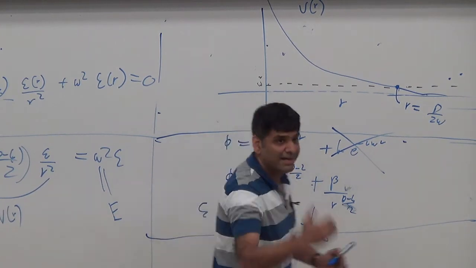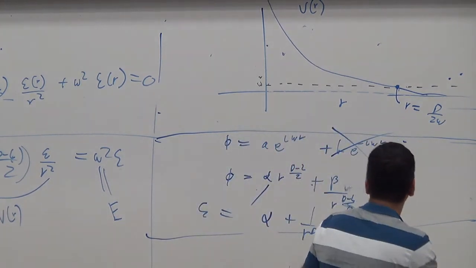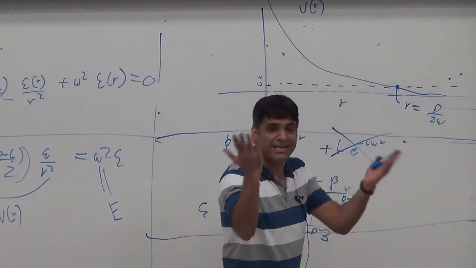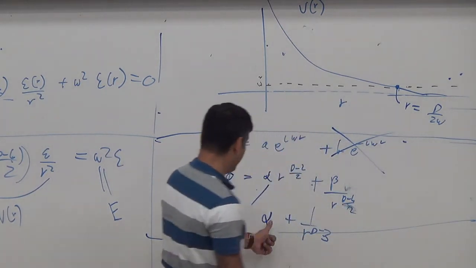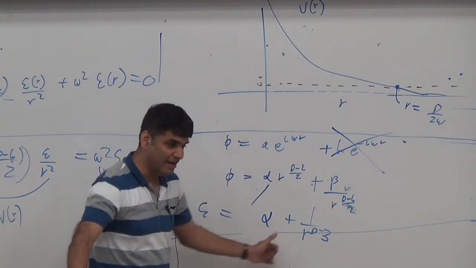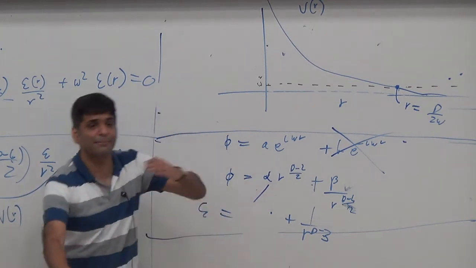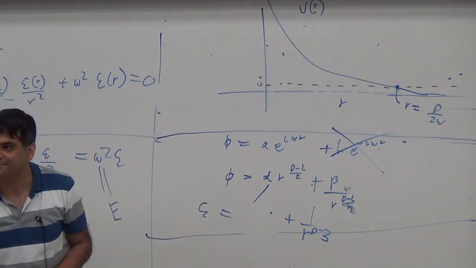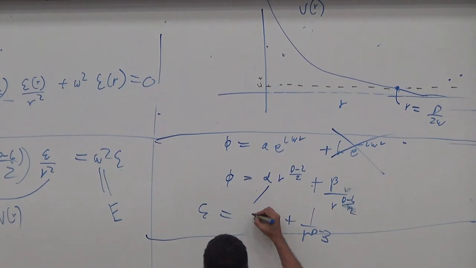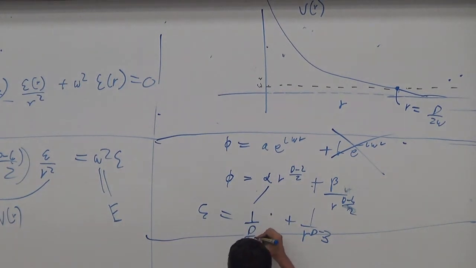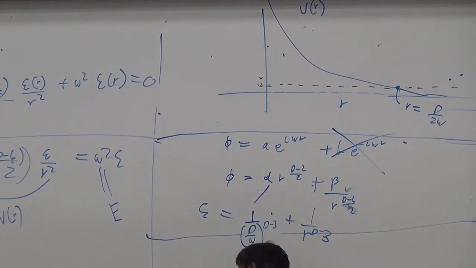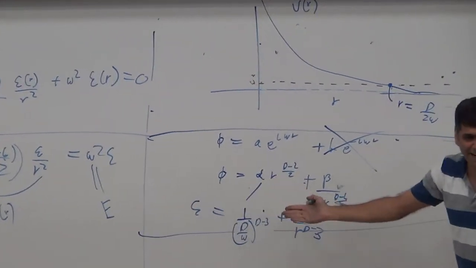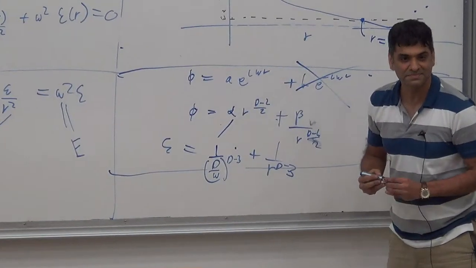It's 1 over d by 2 omega to the power d. So it must mean that this alpha is very small, so that at the matching point they become approximately equal. So this is approximately 1 over d by 2 omega to the power d. There are some numbers I'm not getting, right? But approximately this is this.